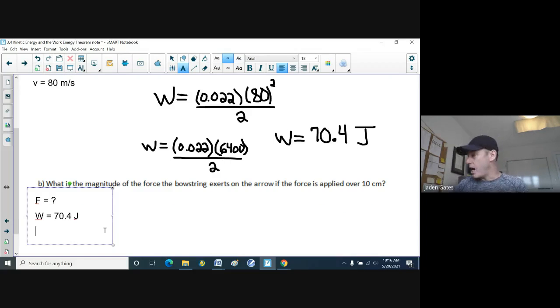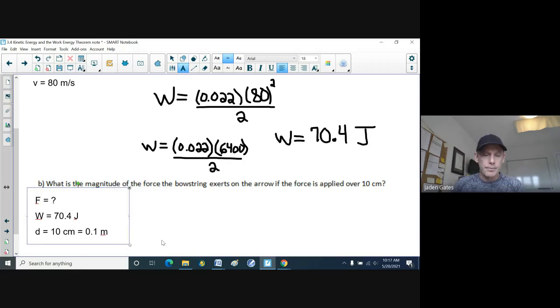And tying into your question we just had, we have 10 centimeters as our distance. Well, that's not in standard units, so I have to make a conversion again. This is one we've had before, converting centimeters to meters. There are 100 centimeters in a meter, so if I divide by 100, I get 0.1 meters.